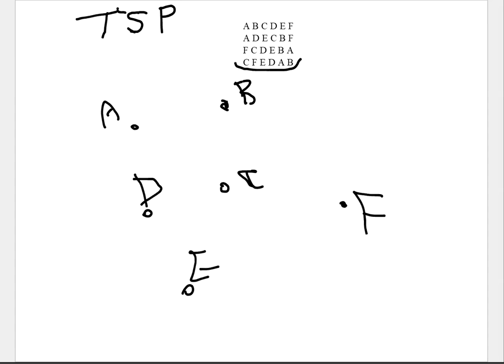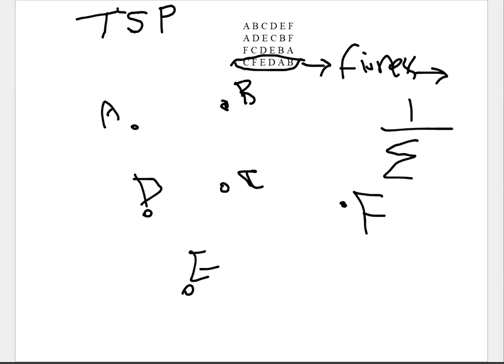A fitness function gets, for example, this solution and produces a value. The higher value, the better solution. Least distance, yes. So we use the reverse of the summation of distance.